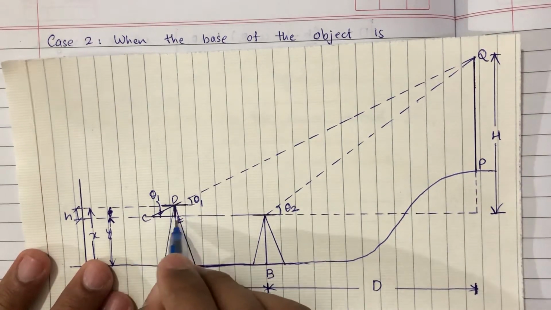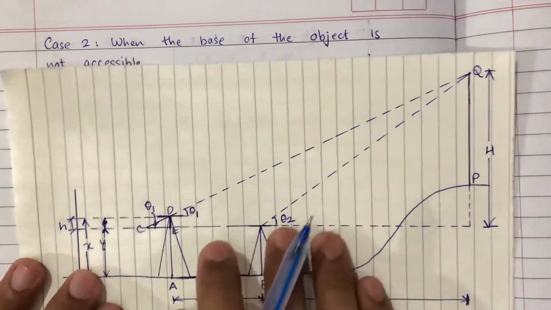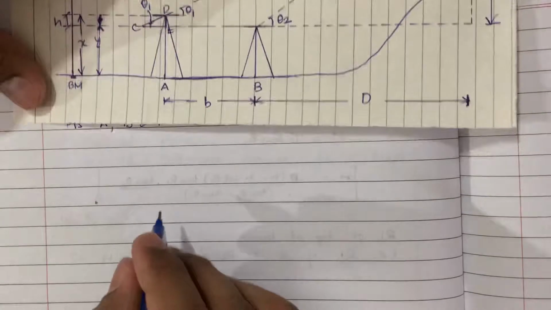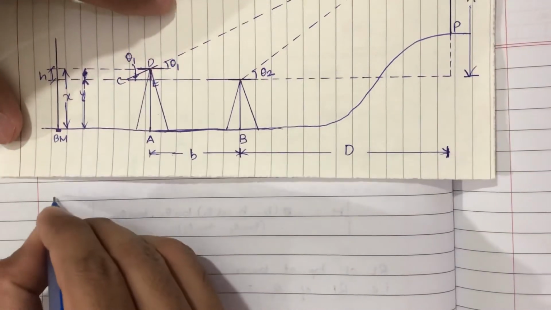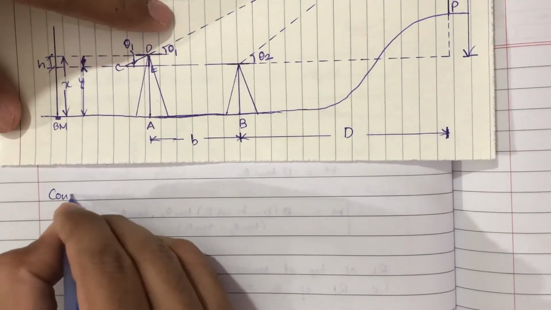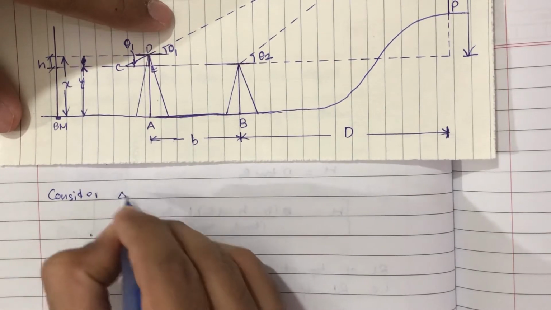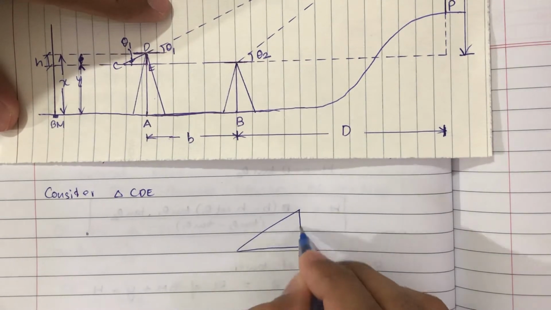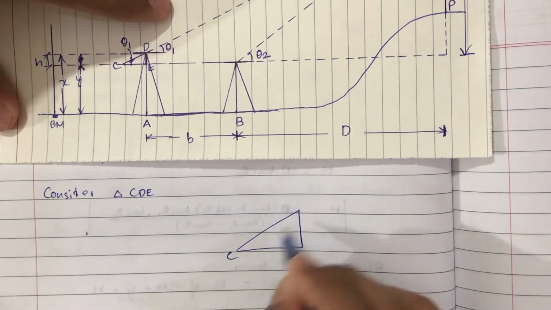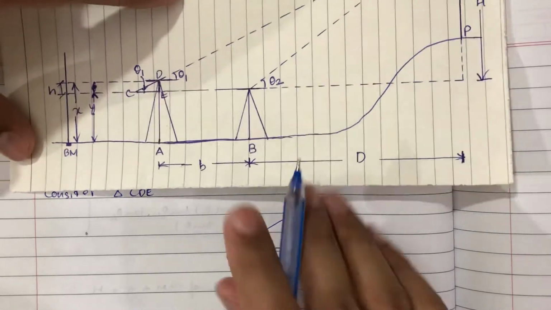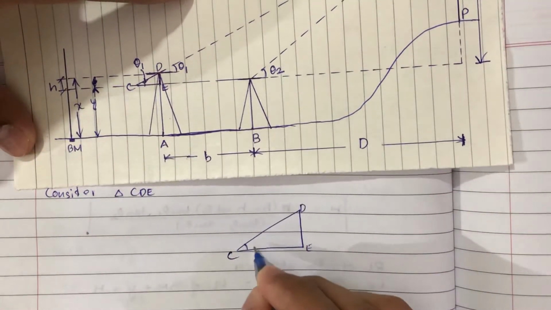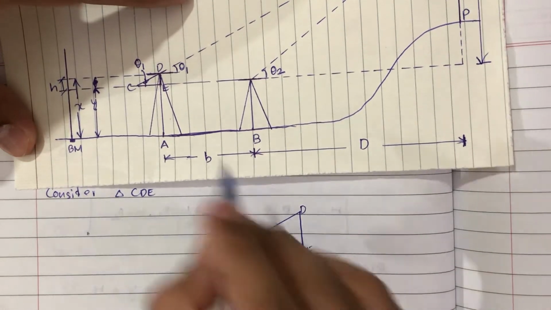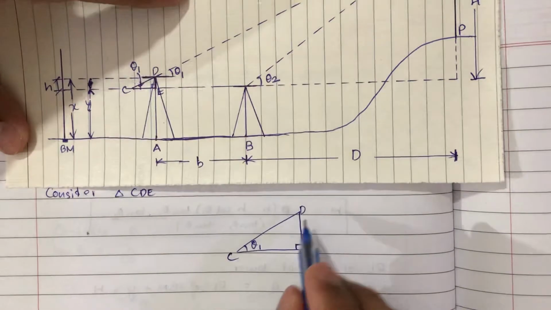Now if we consider this triangle CDE, this angle is given as theta 1, and here it is at 90 degrees.